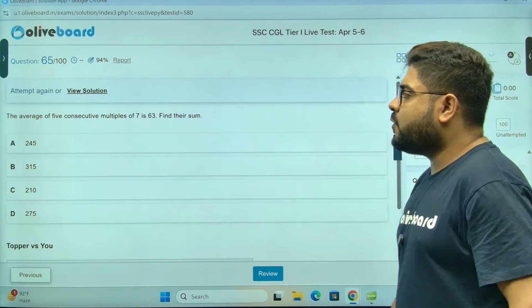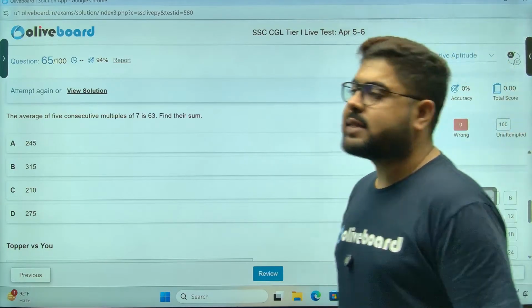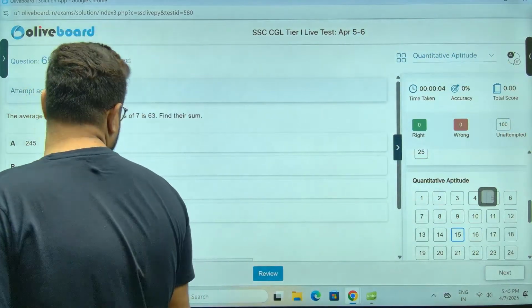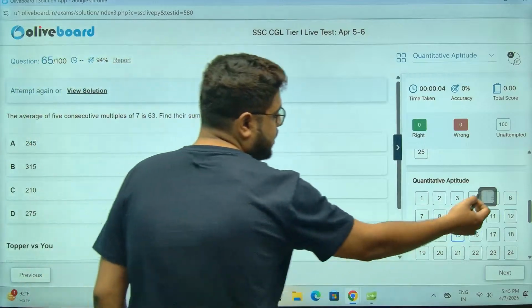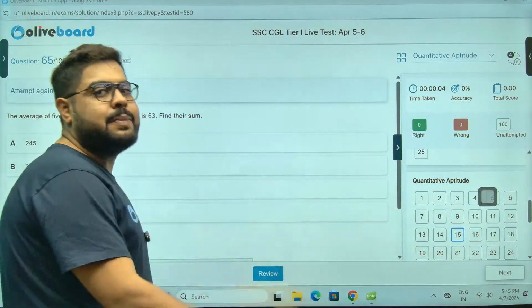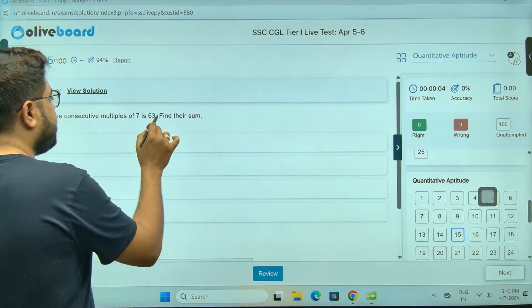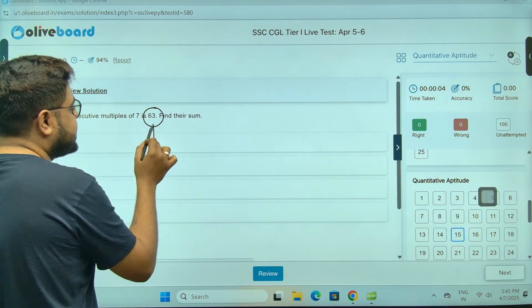The average of 5 consecutive multiples of 7 is 63, sir. Find their sum. 5 multiples of 7 means whatever multiple it is, it is 5 numbers. So 5 numbers, average is 63.